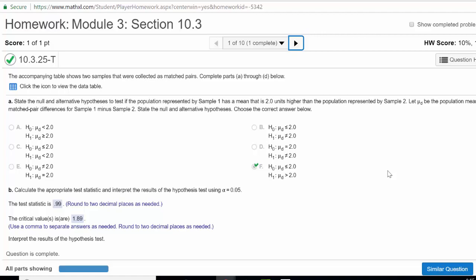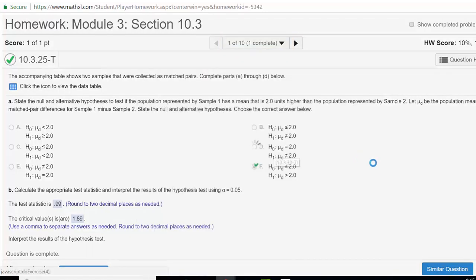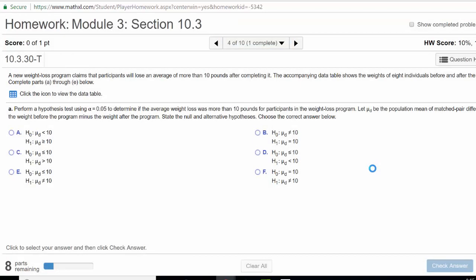So let's go ahead and do a problem that is more of an application problem. Let's take a look at this one. A new weight loss program claims that participants will lose an average of more than 10 pounds after completing it.